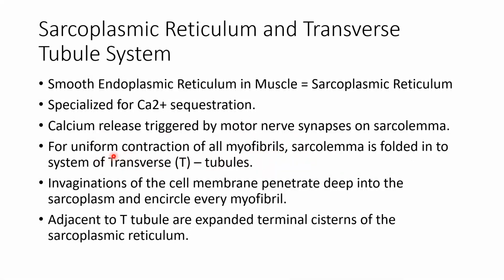So for the uniform contraction of all myofibrils together, you have the transverse or the T-tubule system. We said that they are invaginations of the cell membrane and penetrate deep into the sarcoplasm and cover each of the myofibrils. Right? So on either side of the T-tubules, you have expanded sarcoplasmic reticulum. These are called terminal cisterns.